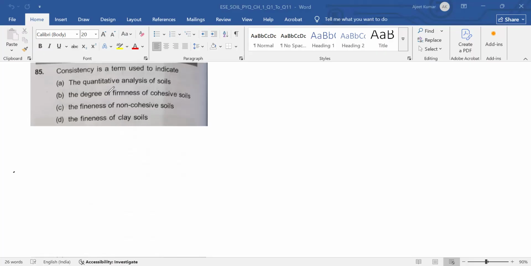Consistency is not related with fineness, so option C and option D cannot be the answer. The answer will be B actually. Consistency indicates the degree of firmness of cohesive soil.